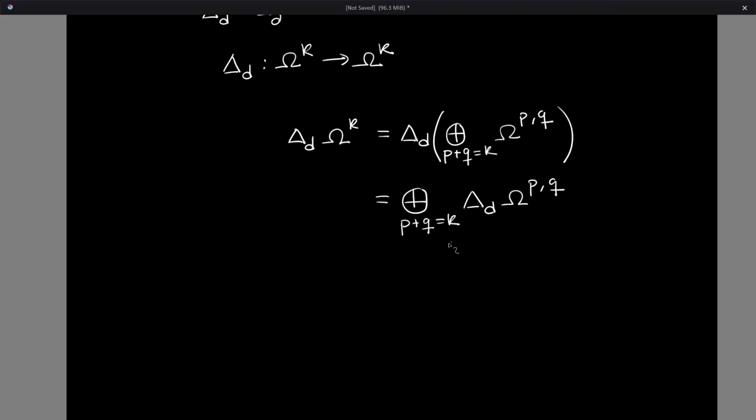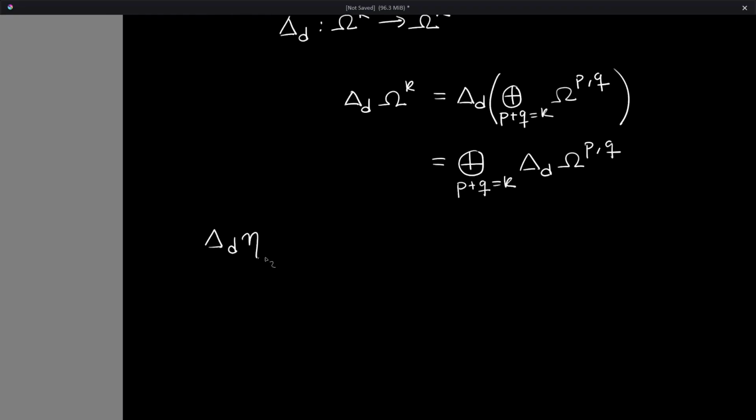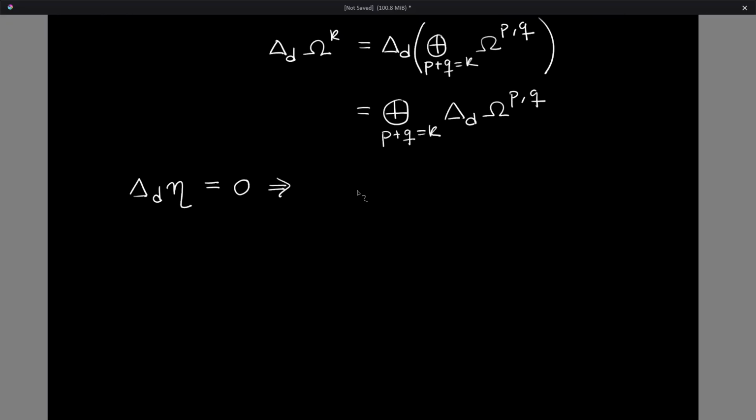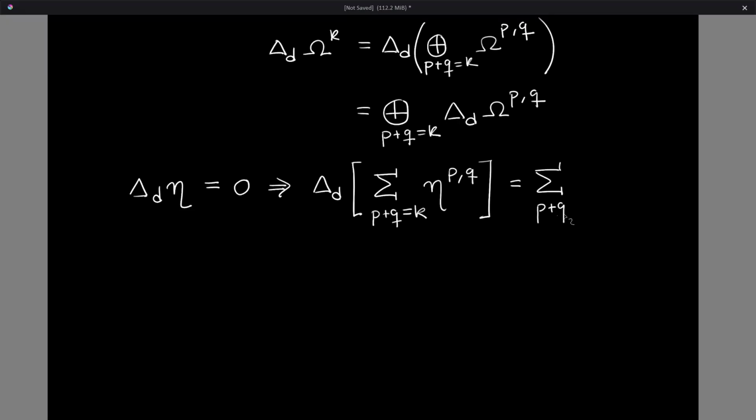So if we have a form that is a harmonic form, a d-harmonic form eta, right? Then what we can say is that if we expand out the harmonic form, what we get is delta d of the sum over p plus q equals k of eta pq, and now delta d commutes with this sum, and so what we get is the sum over p plus q equals k of delta d of eta pq equals 0.